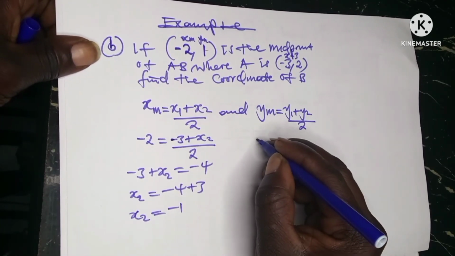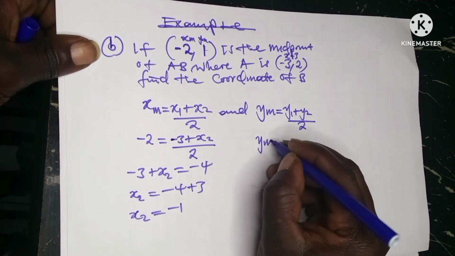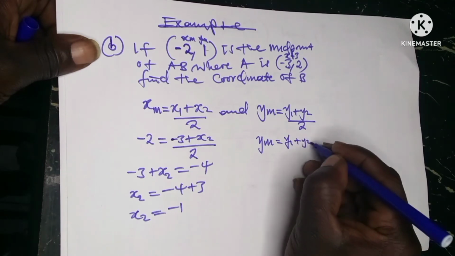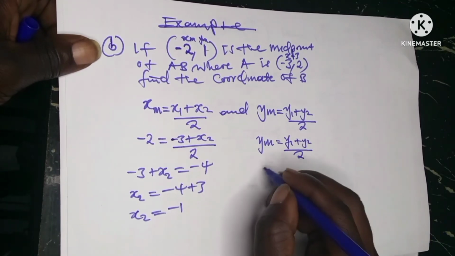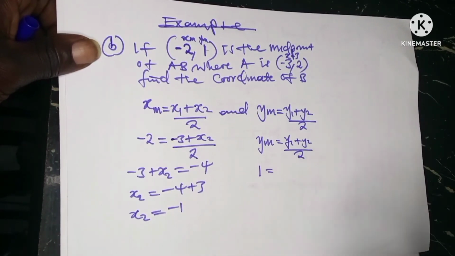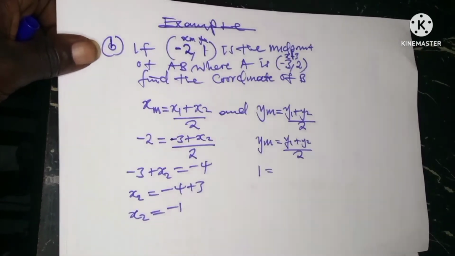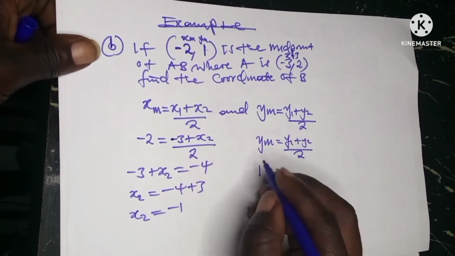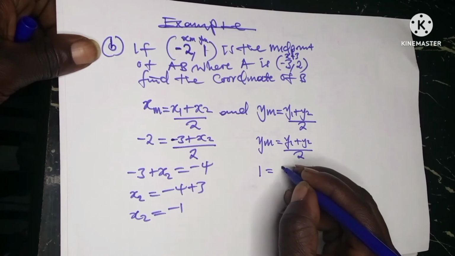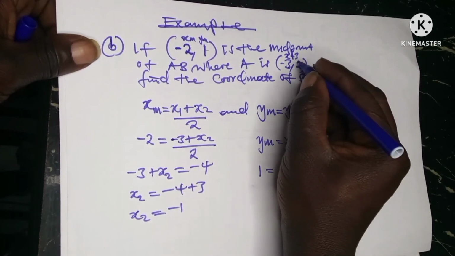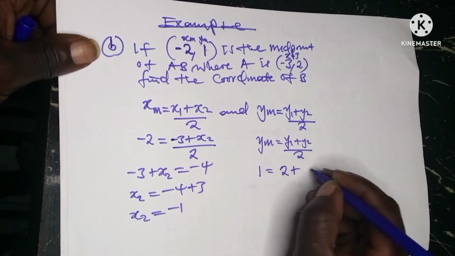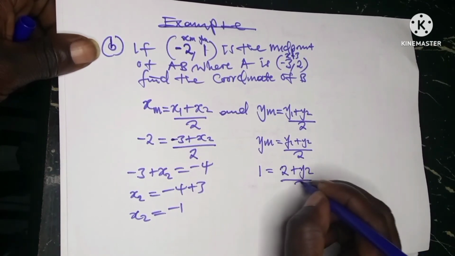And for y, we have ym equals y1 plus y2 over 2. So for ym we have 1 equals y1, which is 2, plus y2 over 2.